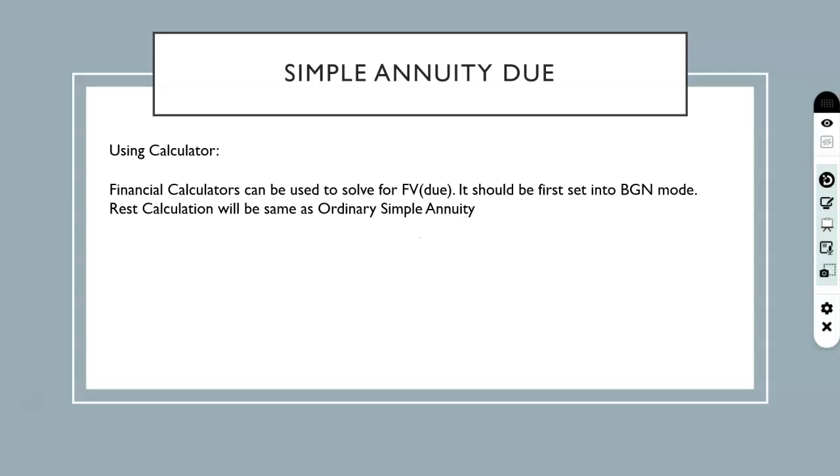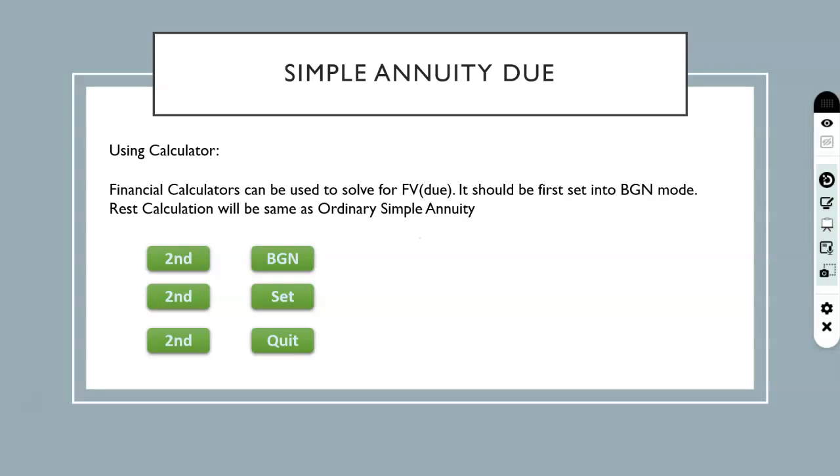You press second, begin, second, set, second, quit. It will convert from simple annuity to simple annuity due, that is from end to beginning. And to go from beginning back to end, you follow the same steps: second begin, second set, second quit. It will again go back to payment at the end.